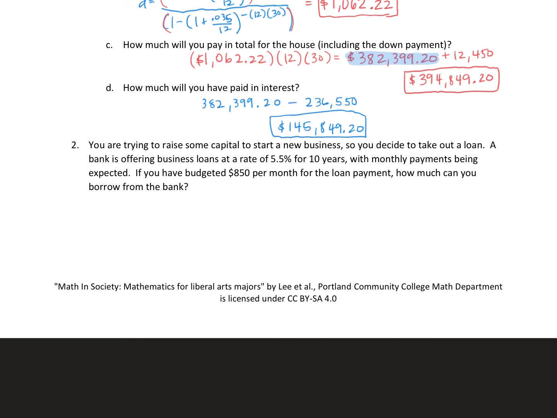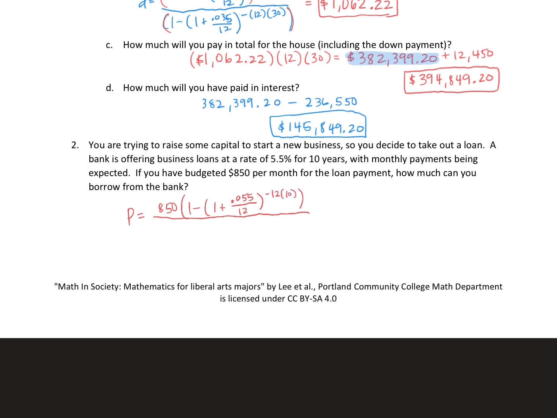I highlighted it in red, where we don't know the P, which is the principal amount. So P is going to be D, so that's $850 a month, times 1 minus 1 plus R over N, so R is 0.055, over N is monthly payments, so we're going to assume the compounding is the same, to the negative NT.